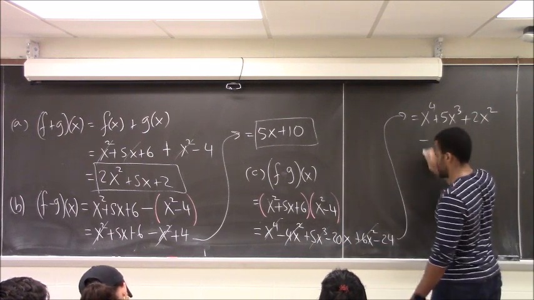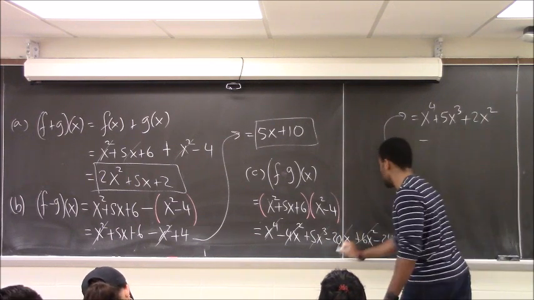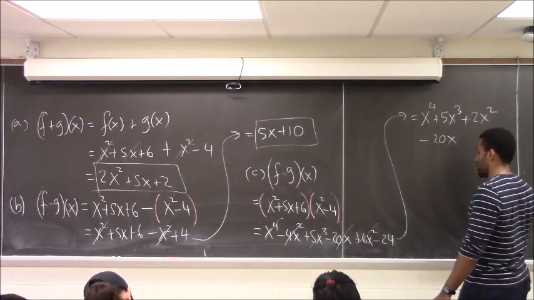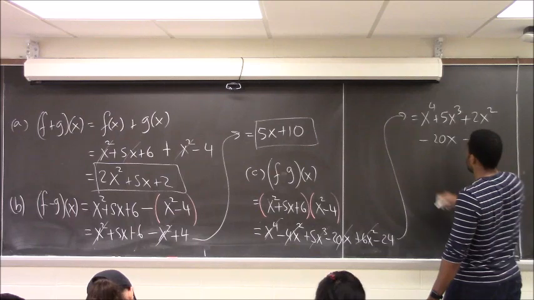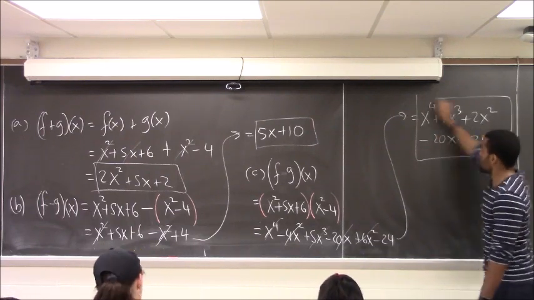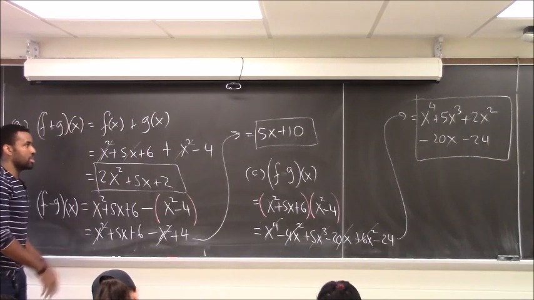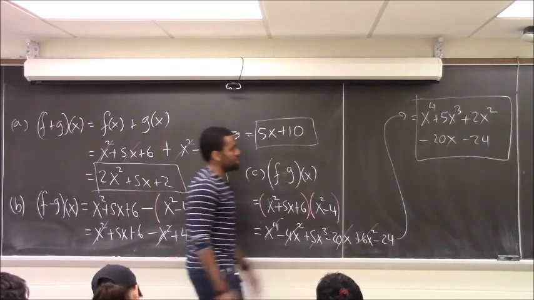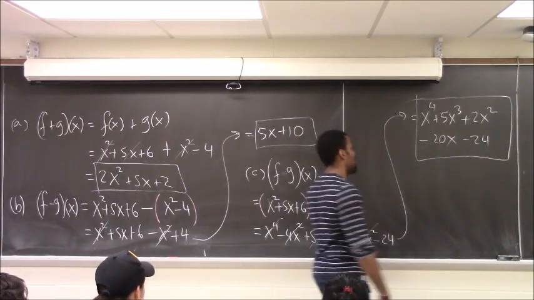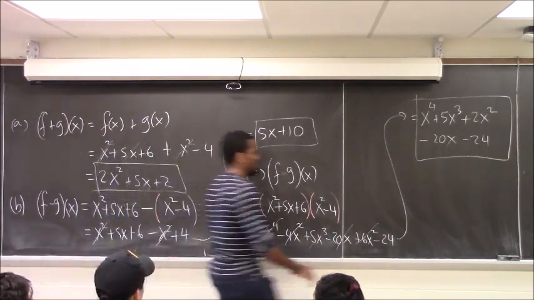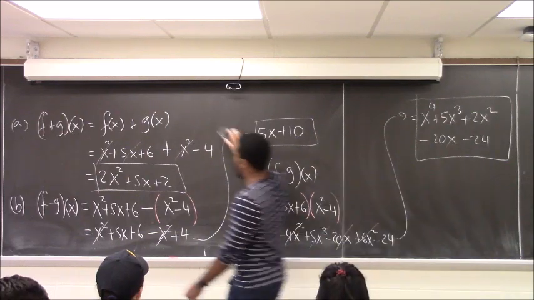Then I have the x's, there's only one of those, minus 20x. And as far as numbers go, there's only one of those, minus 24. The order doesn't necessarily matter, but yes, there's a nice thing to being able to have the powers descending.